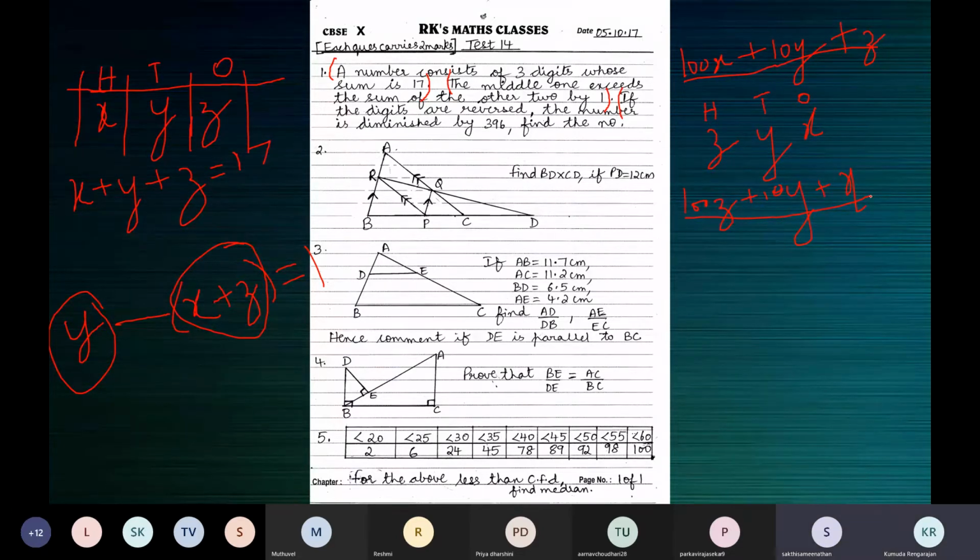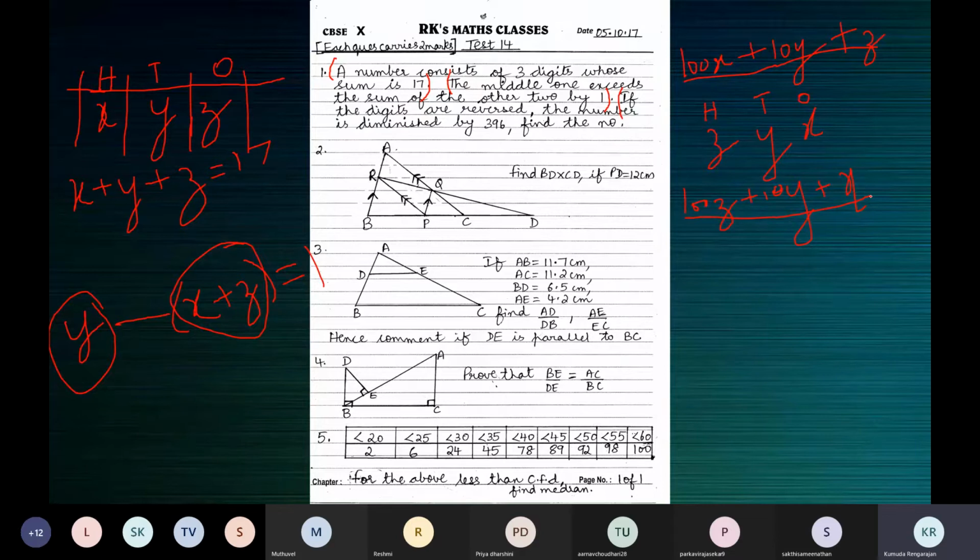Yes. Now, what is given? If the digits are reversed, that is a new number. The number is diminished by 396. That means which number is big, the new number or the old number? If the digits are reversed, the number is reduced.